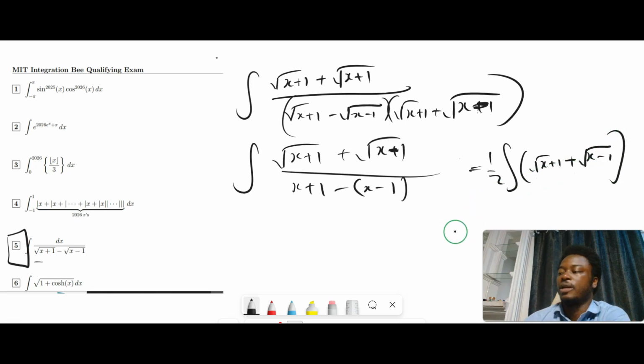Now, simple substitution takes care of this integration because you have a full square root. If you take u to be x plus 1, du would be dx.